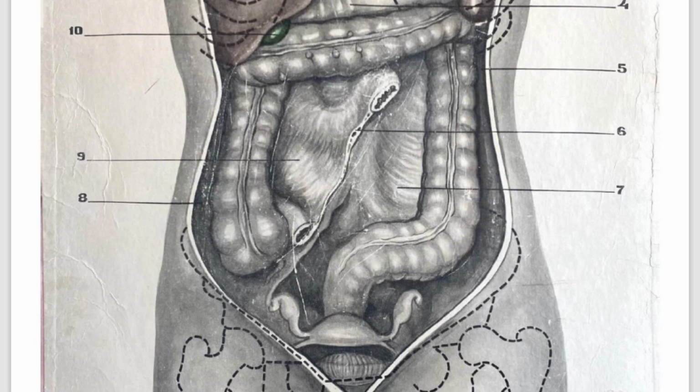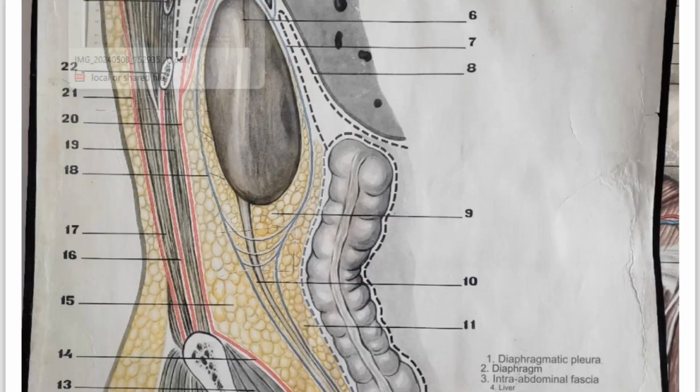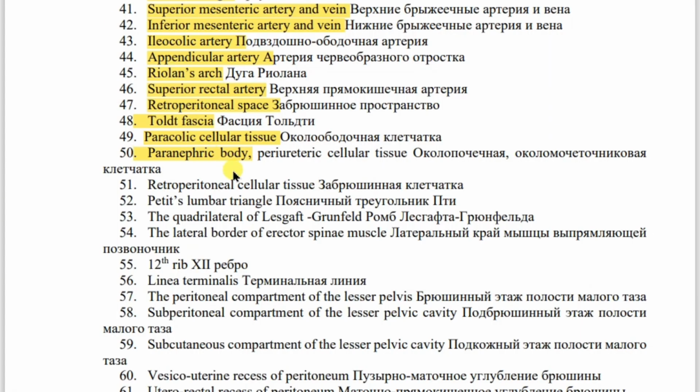Let's see the next structure we have been given. We have the paranephric body. As you can see here, guys, this is the paranephric space or paranephric body in the retroperitoneal cellular tissue. It's actually a fat pad surrounding the kidneys in the retroperitoneal space.